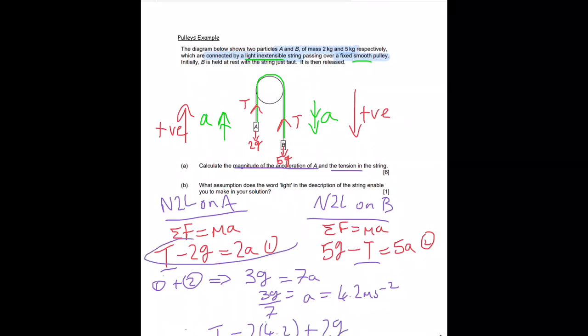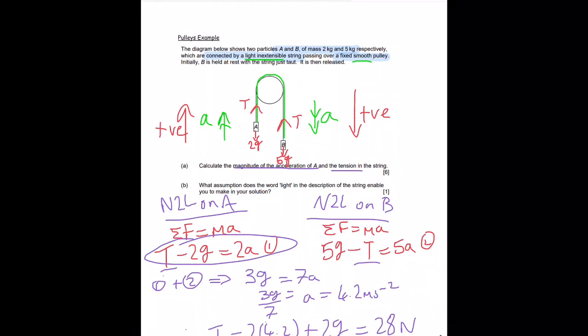All I've done is just rearrange that first one. And 2 times 4.2, add 2 times 9.8, I think it's 28 newtons. So the tension I get from just substituting the acceleration back into either of the equations. I just substituted it back into the first one.